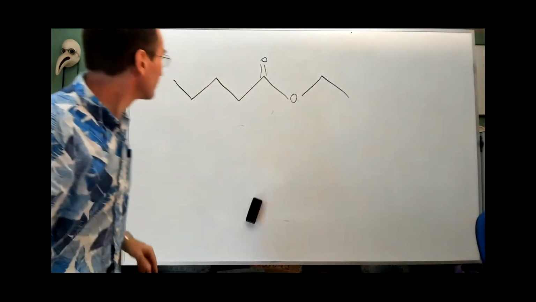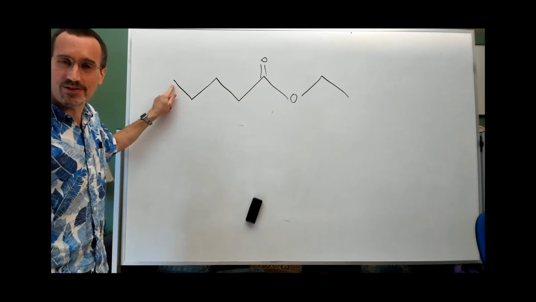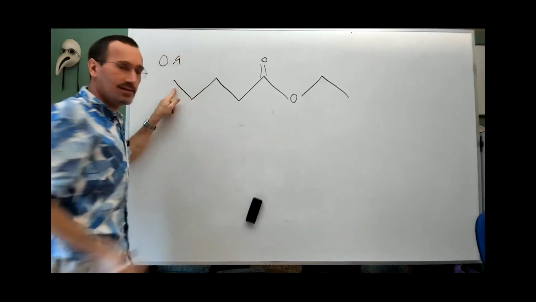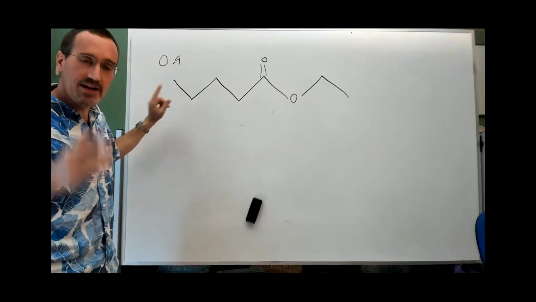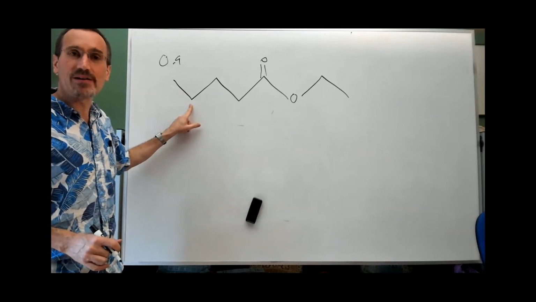So, somebody, where would we expect this methyl group to appear? About 0.9 ppm. Why? It's basically a methyl without any other effects. Very good. Somebody else, where would this methylene group appear?